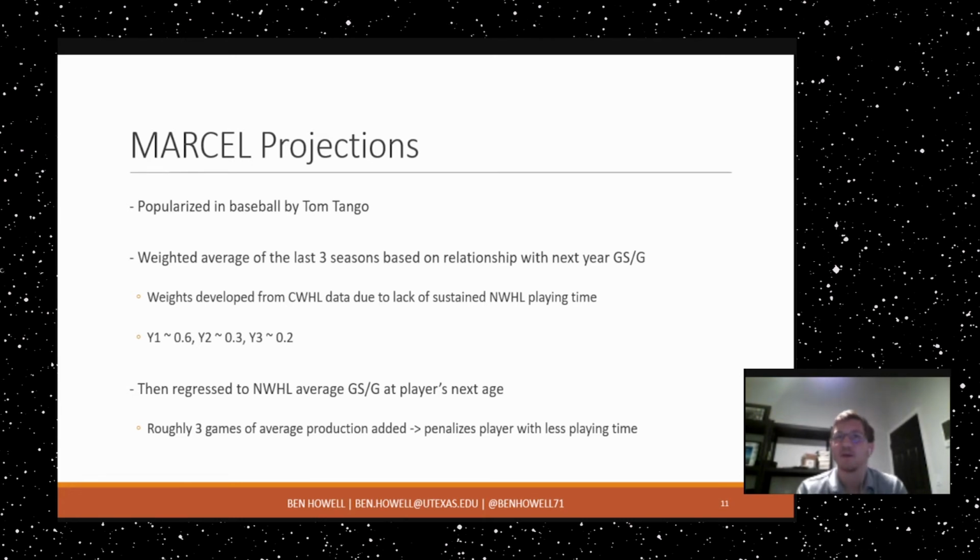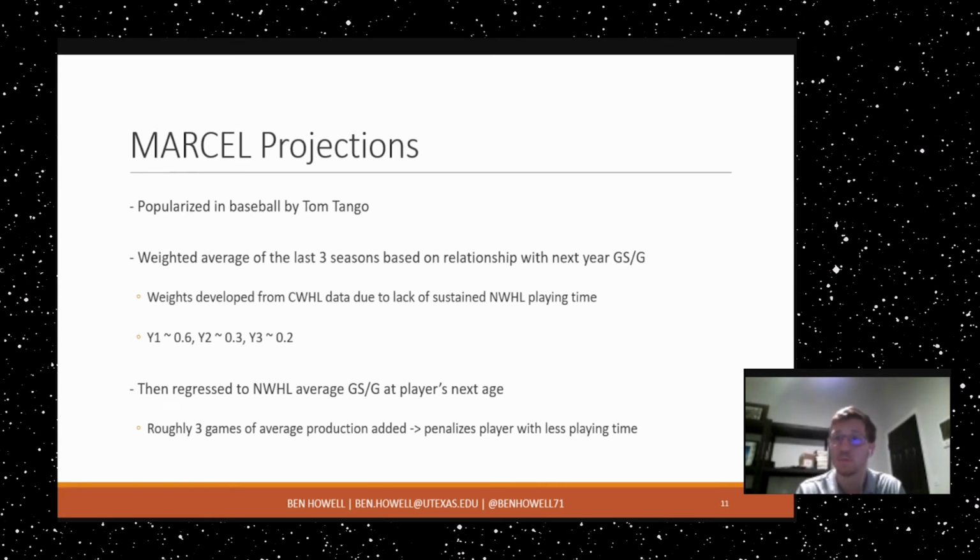And the best method that I decided on for doing that projection was using Marcel projections, which is essentially a weighted average of a player's last 3 seasons regressed to both their age and league average to account for outliers. Now, Marcel projections were popularized by Tom Tango in baseball and then have spread to various other sports, really due to their simplicity and how well they still perform.